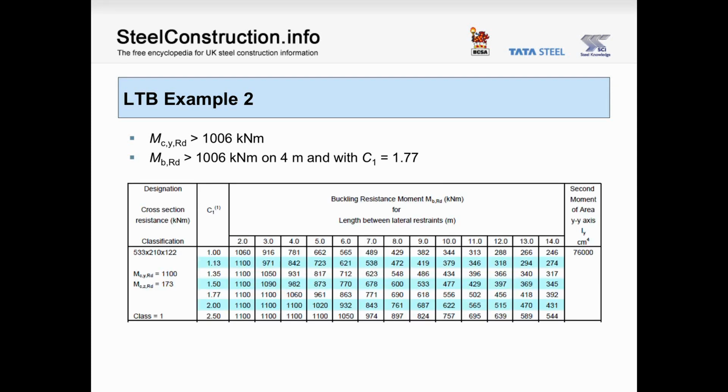So for a resistance table for a 533 210 122 UKB, we find that the cross-sectional resistance in bending is 1100 kilonewton meters, so that's okay.